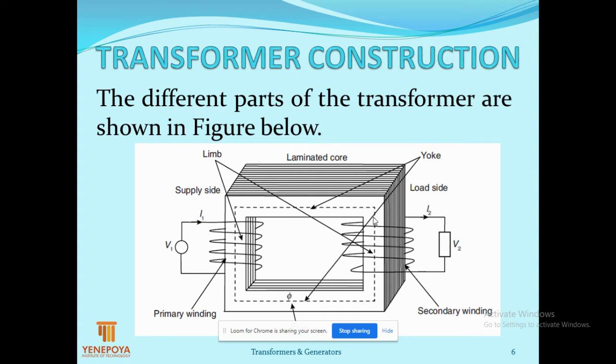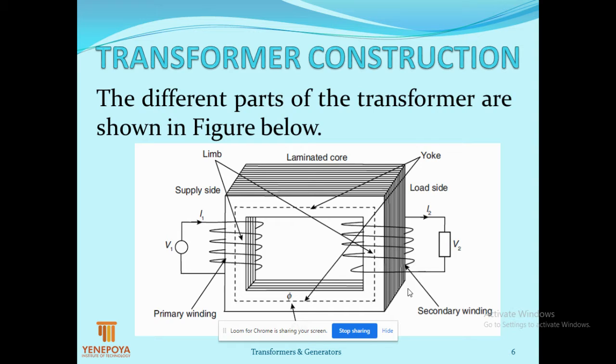As a result, EMF E2 will be induced in the secondary winding, and V2 is the voltage available to the load. What is the difference between E2 and V2? When you say the transformer is ideal, we are not considering any losses. That is called the ideal condition, but practically it is not possible.